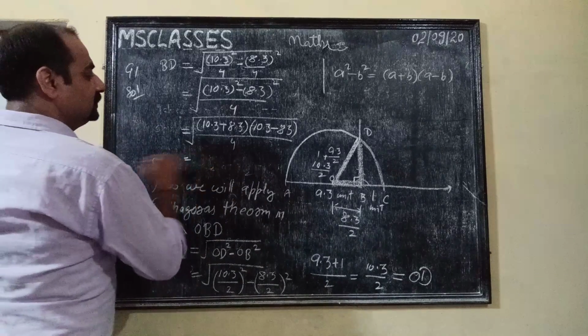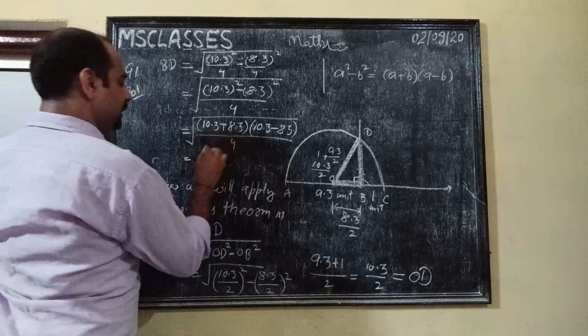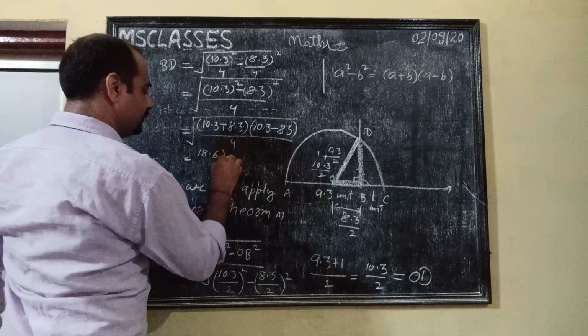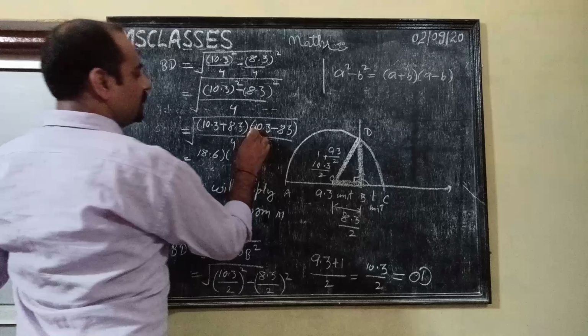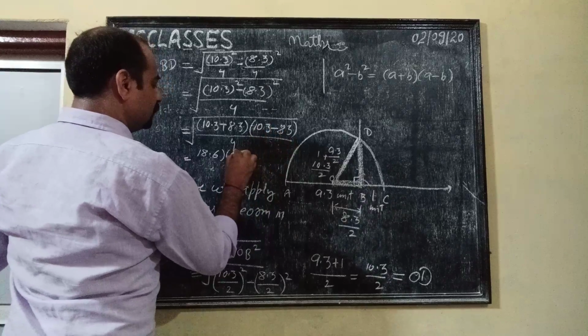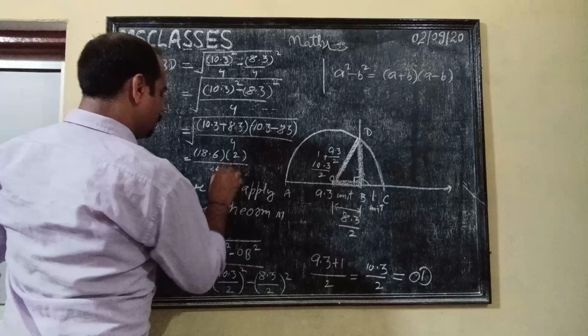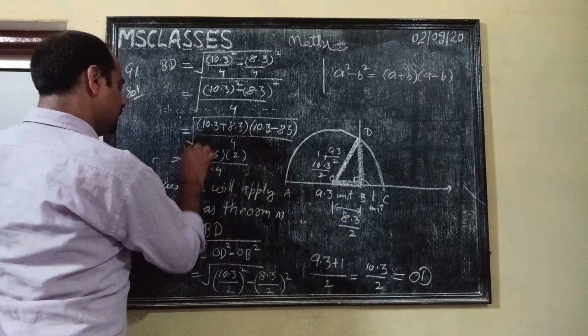and this is equal to 10 plus 8, 18.6 into 10 minus 8, this is equal to 2 over 4 under the root.